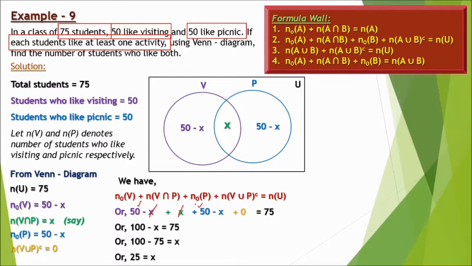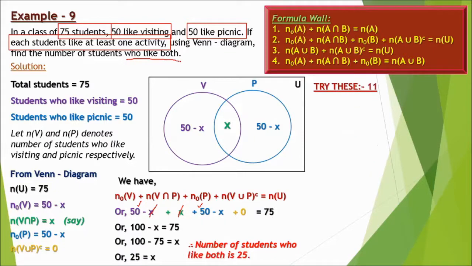Now see, 25 is the number of students who like both activities, picnic and visiting. They have interest in both going out for picnic and visiting also. The number of students who like both is 25.